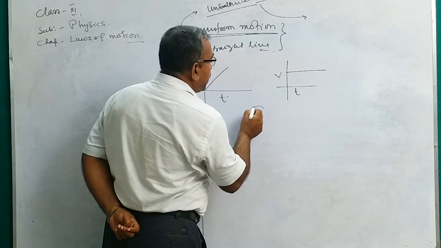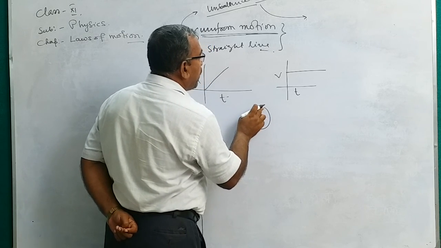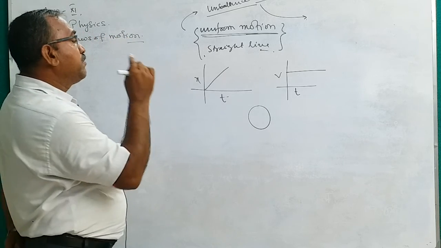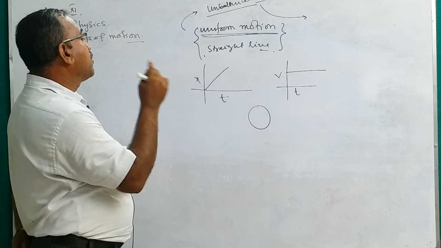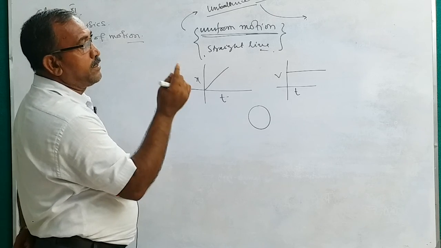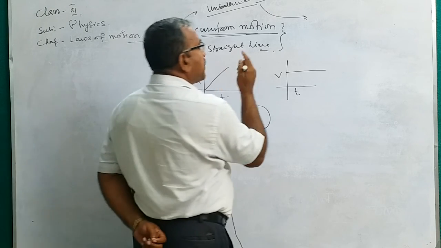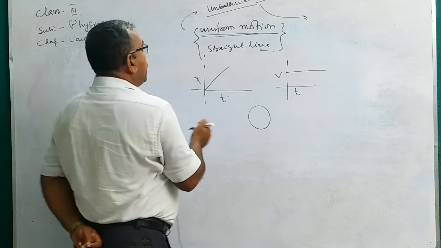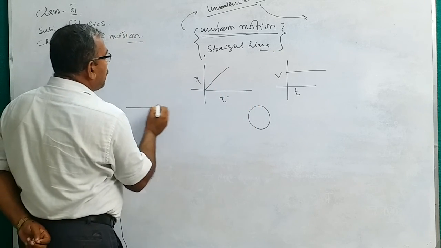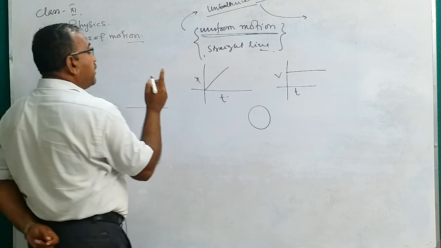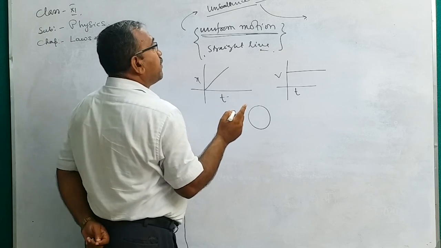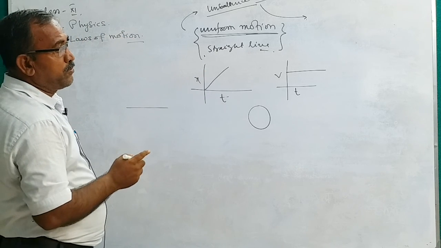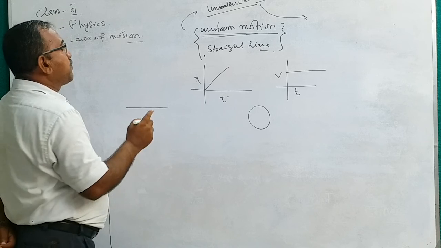If the object is in circular motion, moving in a circular path with constant speed, when the speed is constant, at that time the force will be balanced force.